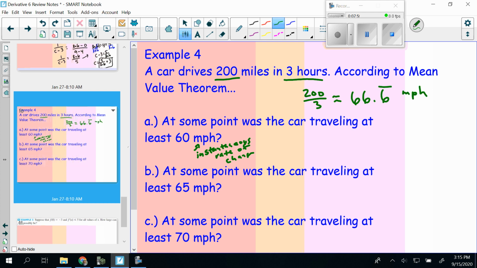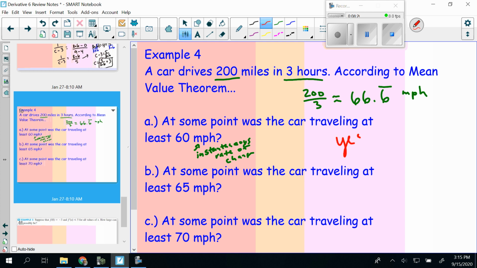All right, so if that's our average, would we have gone 60? Yes, so we can say for sure that at some point here we must have gone 60 miles per hour if the average ends up being 66.6.